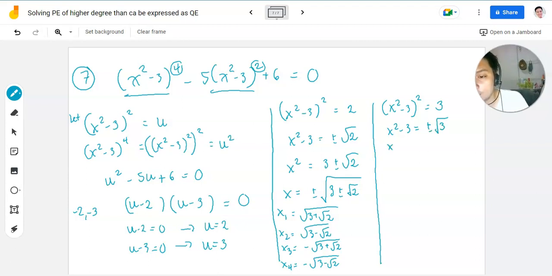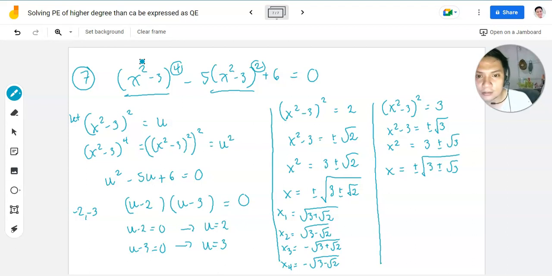And therefore, x squared should be equal to positive 3 plus or minus square root of 3. And we apply again the square root property kasi nga x squared ito. So, x equals positive or negative square root of the quantity 3 plus or minus square root of 3. And this here represents the other 4 roots of the equation.